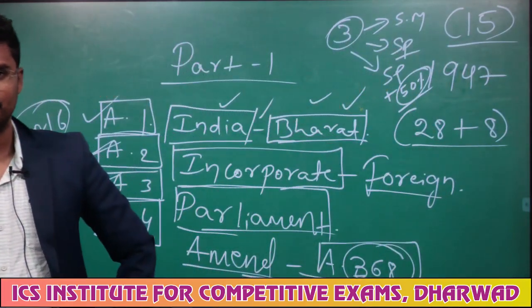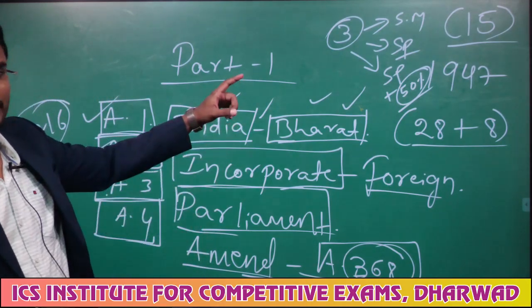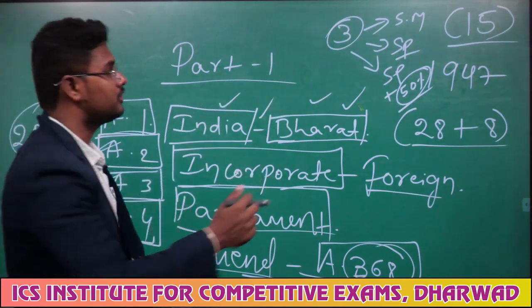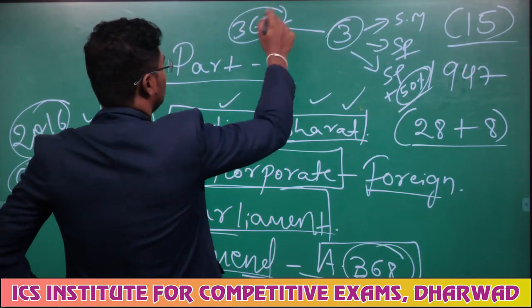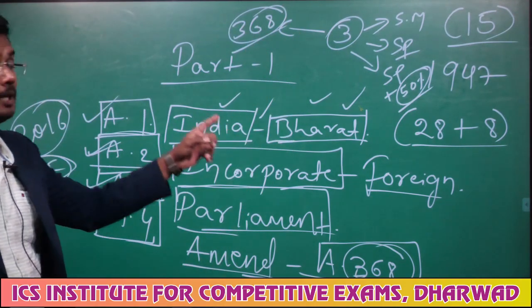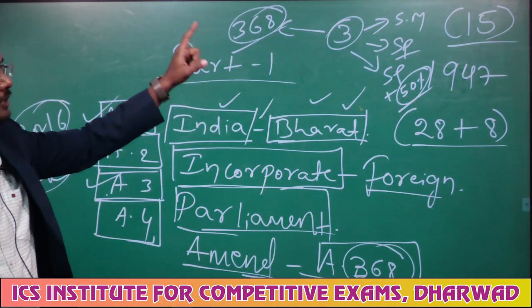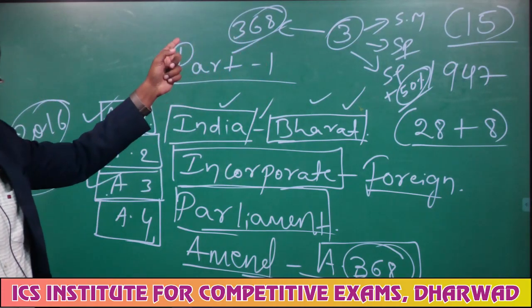So if at all any article in the Indian Constitution is amended, it requires to be amended under any one of these 3 procedures mentioned under Article 368, but exception for Part 1 is provided from this particular article, which defines the procedure for amendment to the Constitution of India.